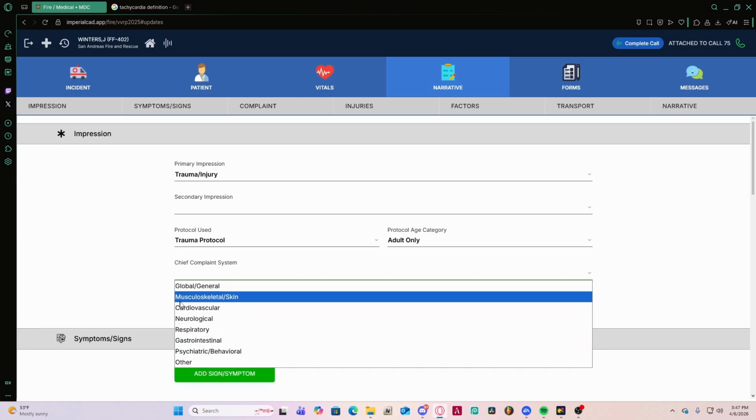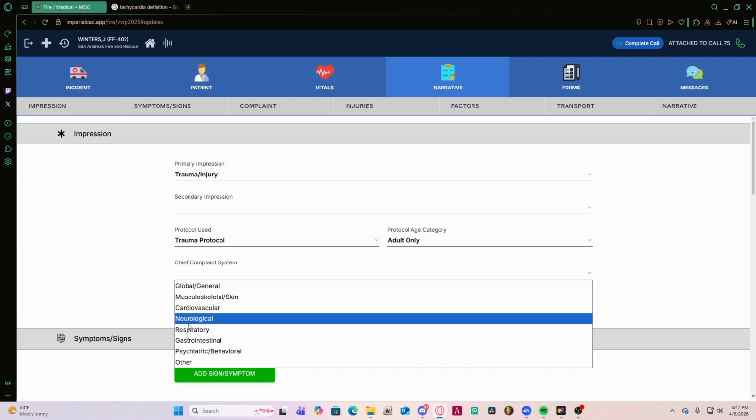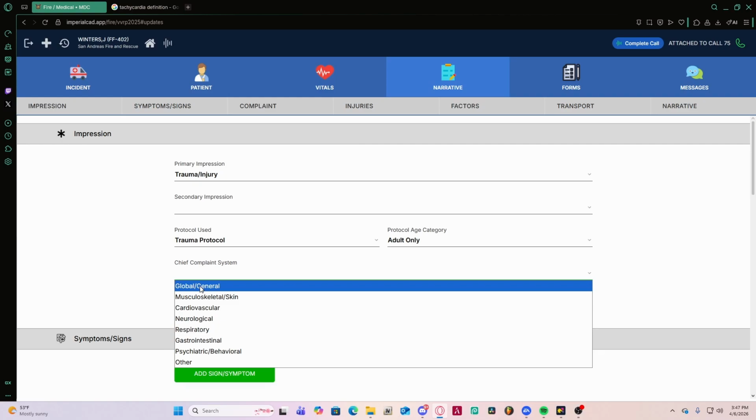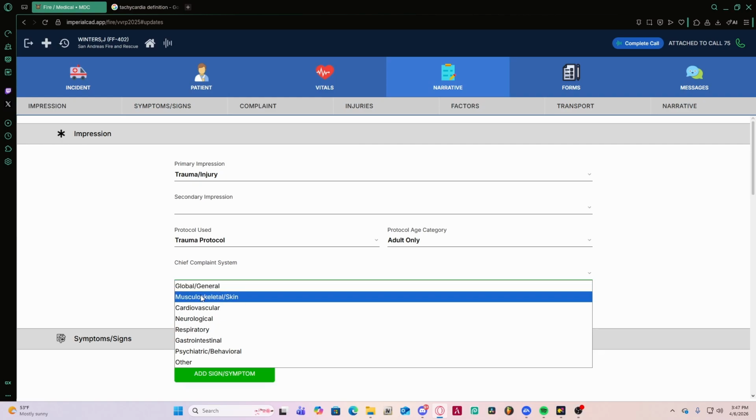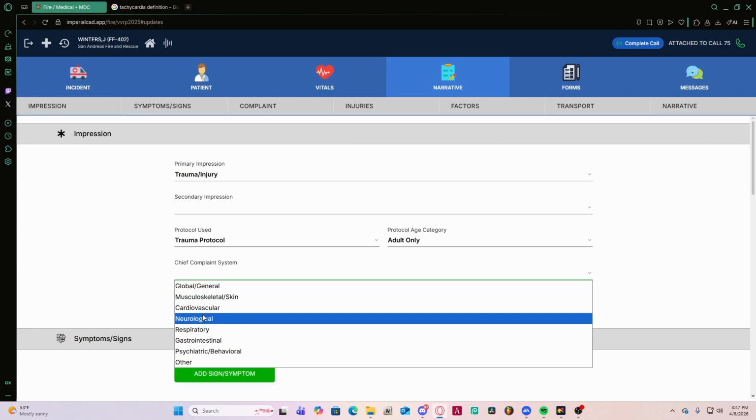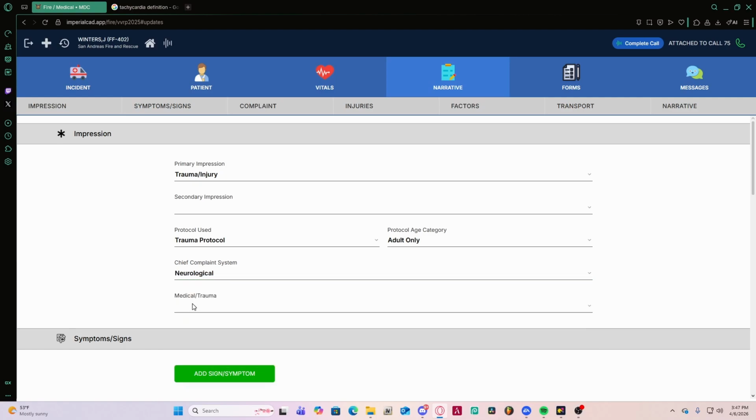Where is the chief complaint located, or what type of problem? For the last one that I did for this patient, I did neurological. And then I put in signs and symptoms, and I made it so that person had a possible concussion. Gotcha. And it's a trauma call, so we put medical / trauma.